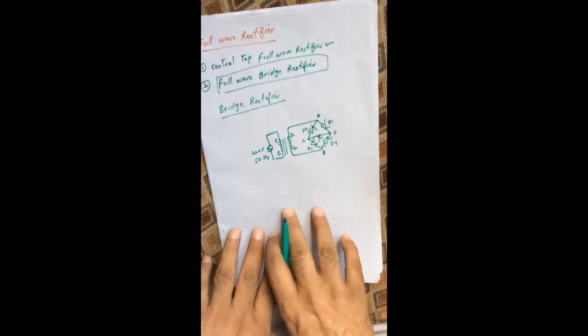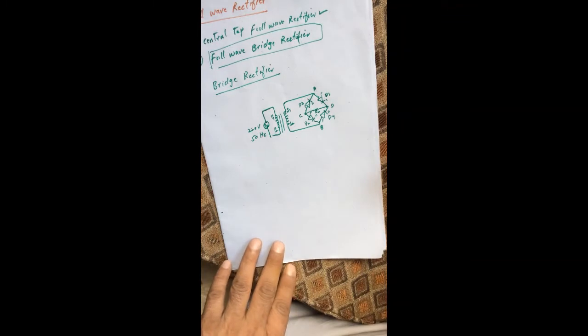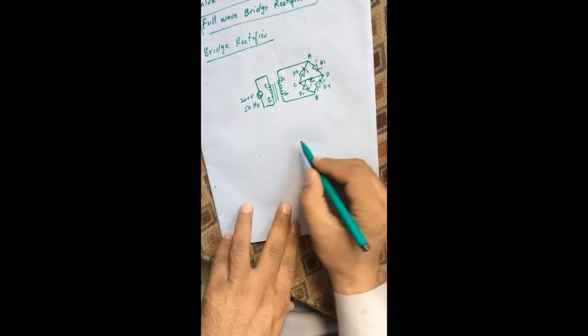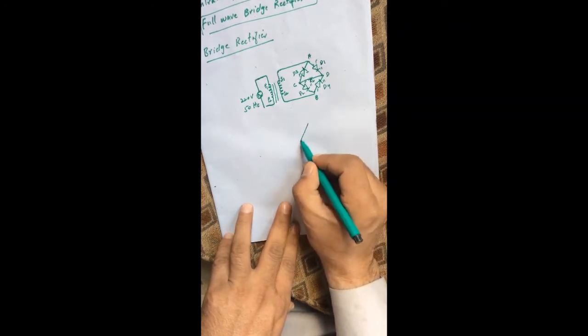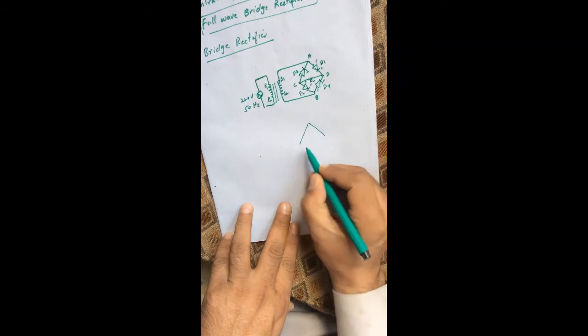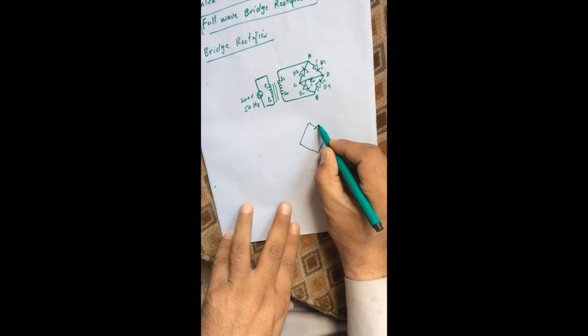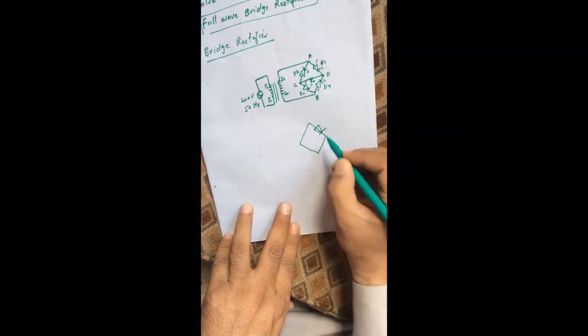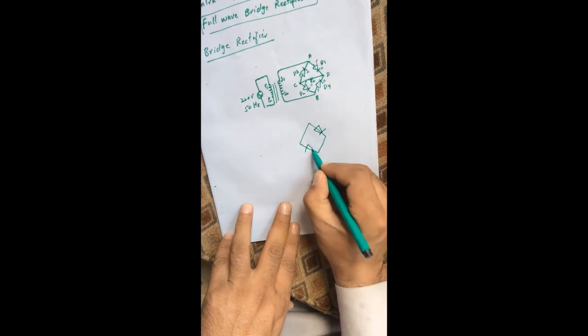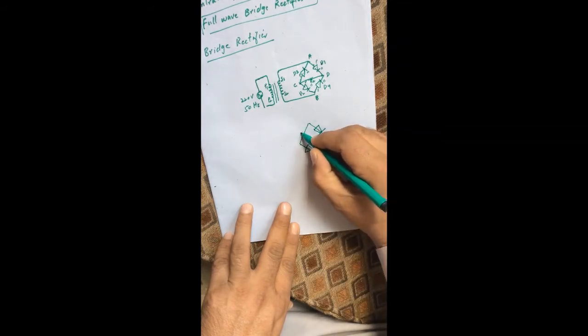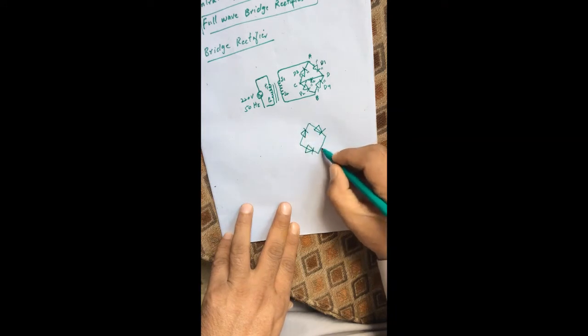Now I will come to the operational principle of this circuit. Suppose I draw the figure again. Here we have diode D1 and here we have diode D2, and here we have diode D3 and here we have diode D4.